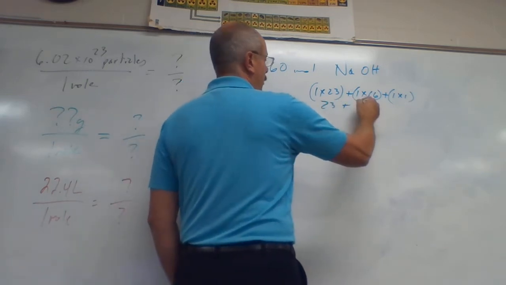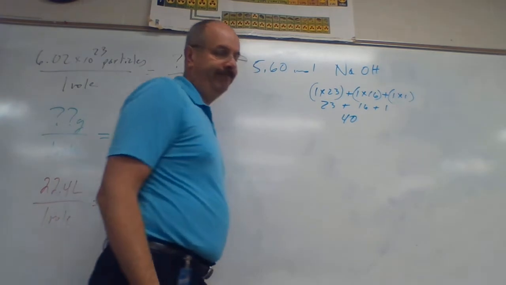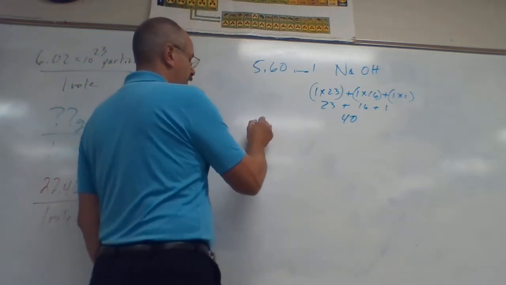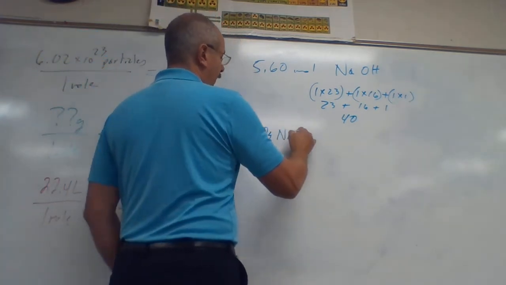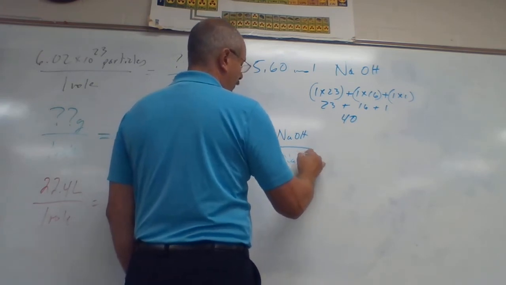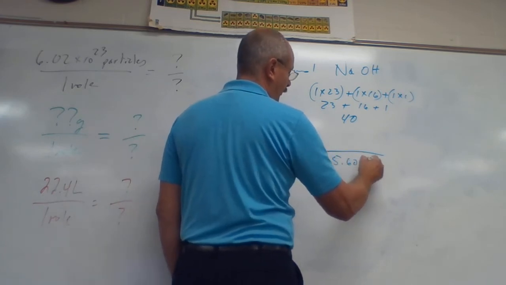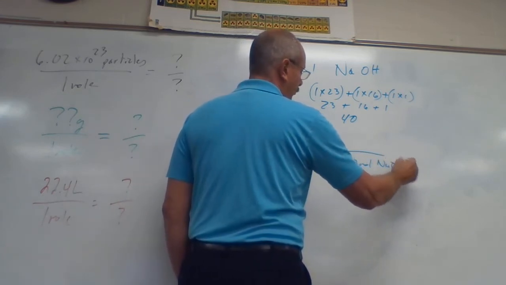So that's 23 plus 16 plus 1. So that's like 40. So 40 grams of NaOH, or 1 mole of NaOH, equals, well, we got 5.60 moles of NaOH.